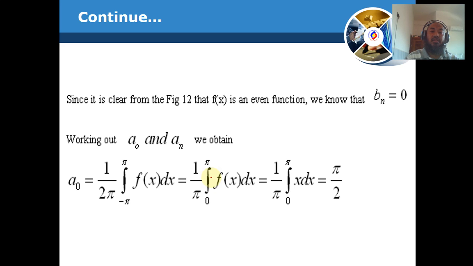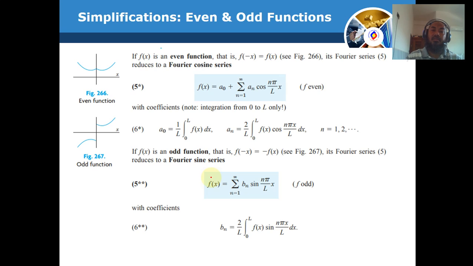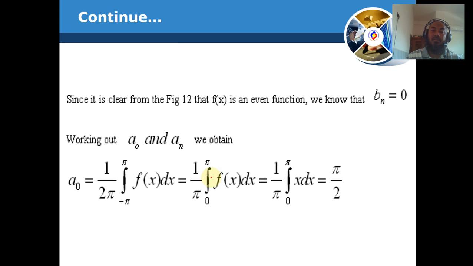Since it is clear from figure 1-2 that f(x) is an even function, bn is equal to 0. How do we know this becomes 0?